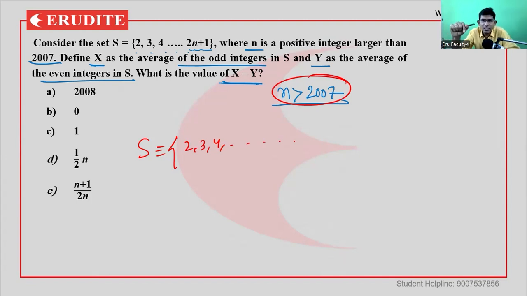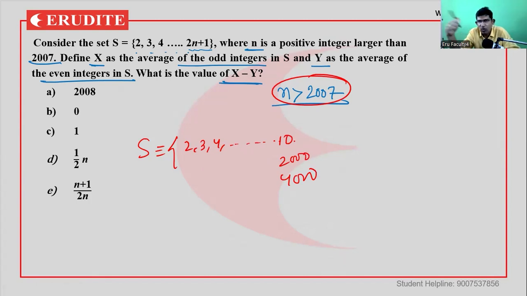But here the logic is that these are consecutive numbers. So the properties of consecutive numbers, whether it goes from 2 to 10, or 2 to 2000, or 2 to 4000, will remain the same.